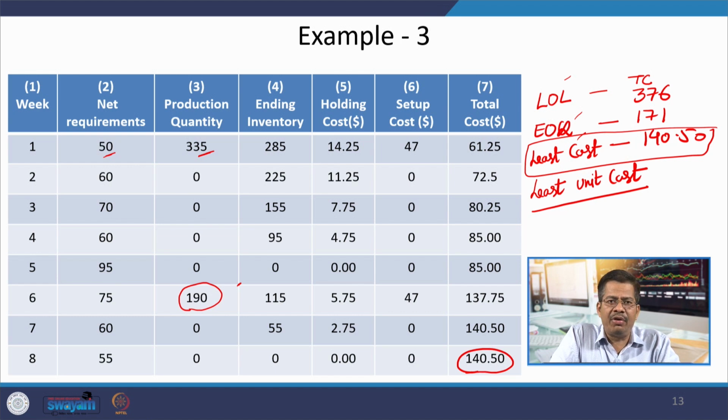For example, if ordering cost is very low, in that case maybe the LFL system may also work very well, because every time you are placing the order, holding cost is very negligible, 0, and the setup cost, ordering cost is also low. So, in that case our LFL may also go in a better way.